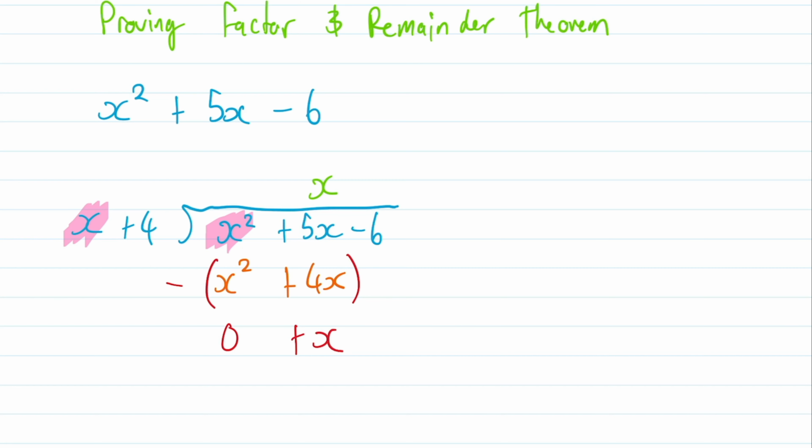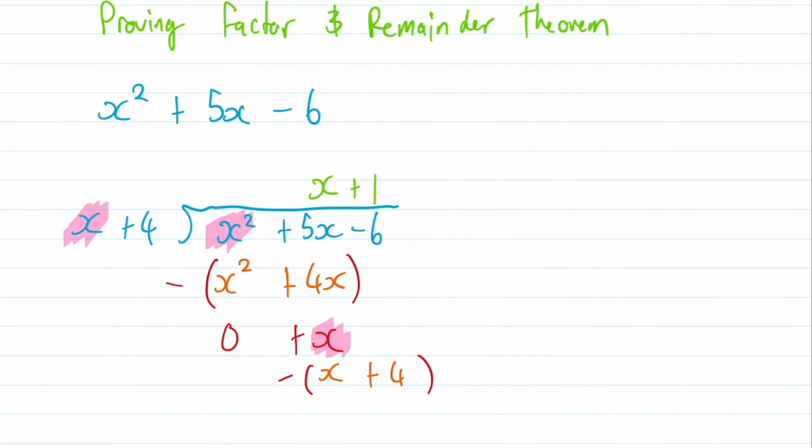If I now divide these two terms again, x divided by x is simply positive 1. Substitute that back in: 1 times x is x, and 1 times 4 is plus 4. Again, I'm going to subtract.